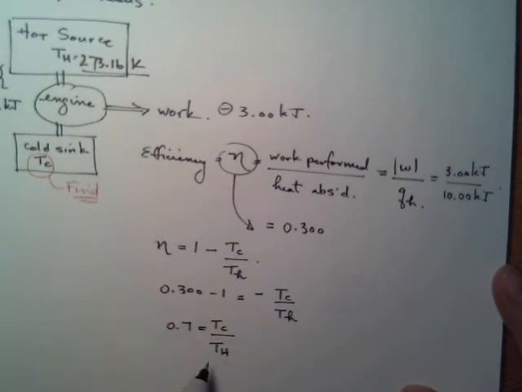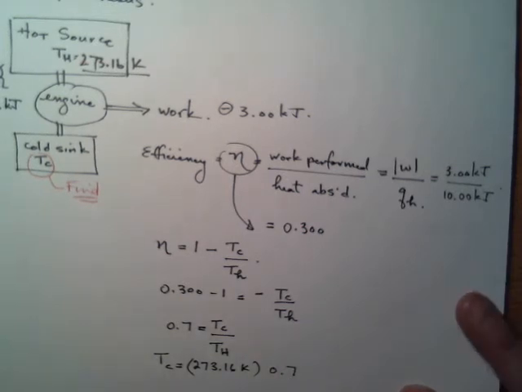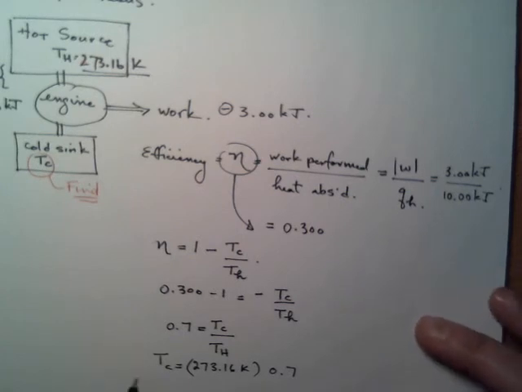And I know that the T hot is 273.16 Kelvin. That's my hot temperature. And times 0.7. So the cold temperature is about 70% of the hot temperature.